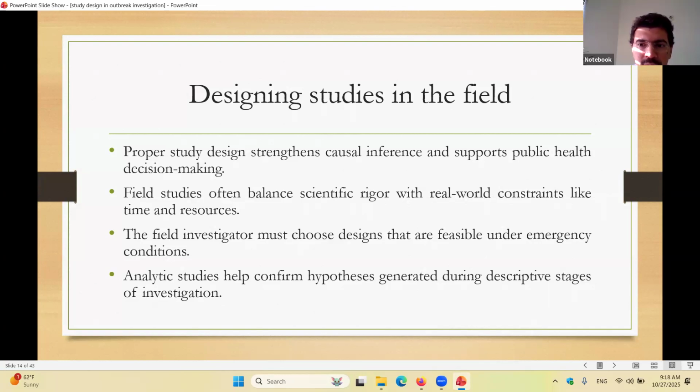In the first steps, we conduct descriptive studies to generate hypotheses, and in the final steps of outbreak investigation, we test the hypothesis to find the reason of the outbreak for control measures.